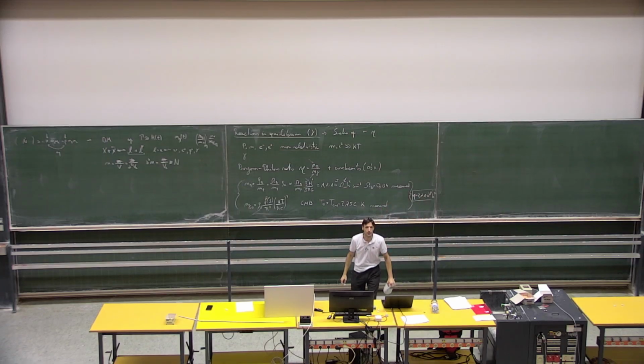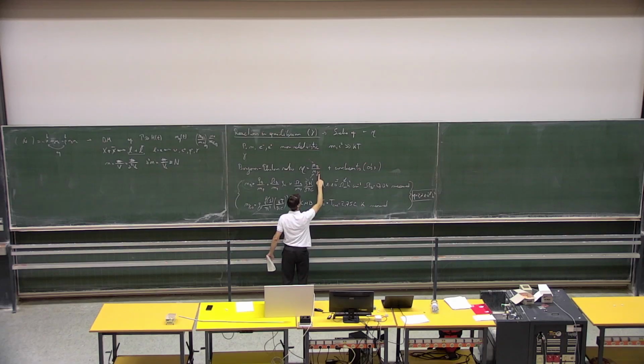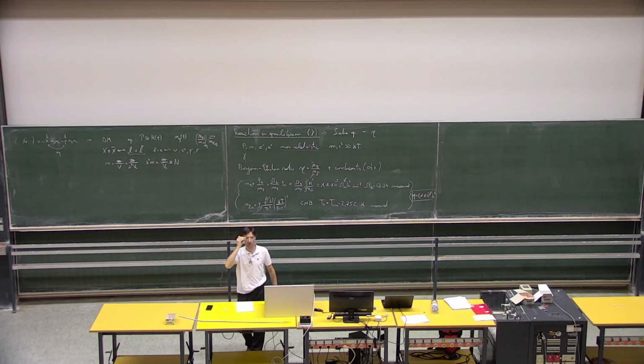10 to the minus 8, that's small. And since this is the ratio between baryons and photons, this means, if this number is very small, that the number of photons is much larger with respect to the number of baryons. That's why the photons represent the temperature of the universe, if you wish. They are the reservoir of the temperature for the interactions that we had.